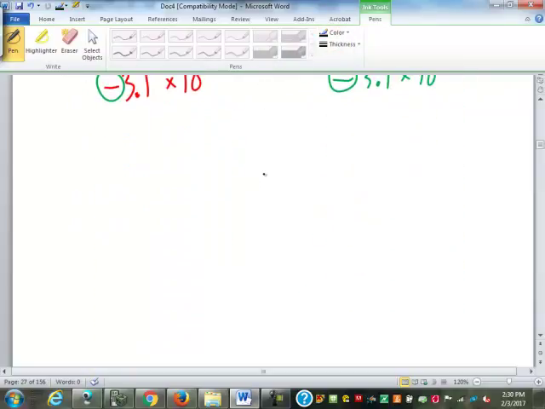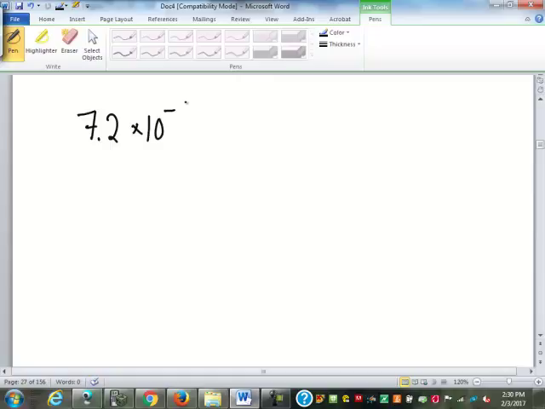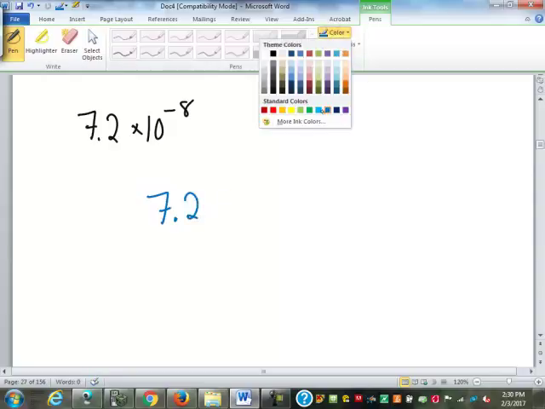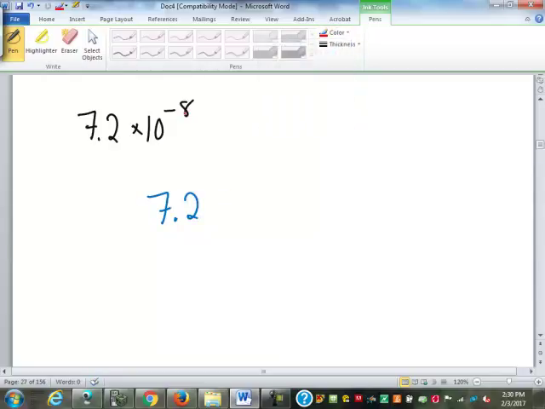So let's convert the other direction. If I have 7.2 times 10 to the negative 8, I start out with my 7.2. I have to move my decimal point because the power of 10 is an 8. I have to move it 8 spots. But do I make the number bigger or smaller? Well, it's a negative 8, which means that this is a small number.